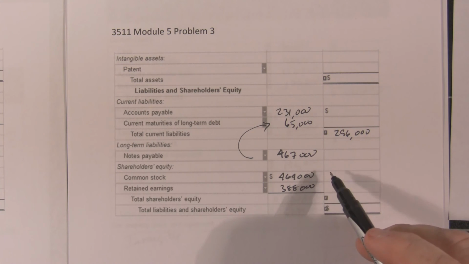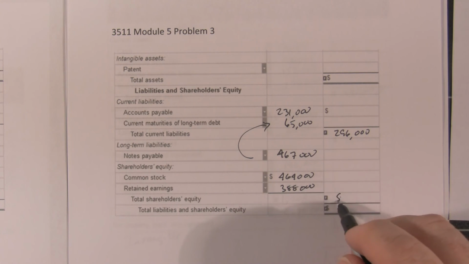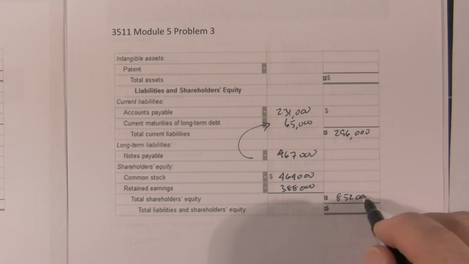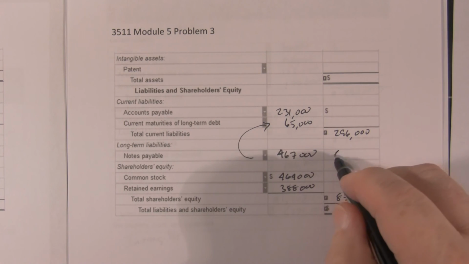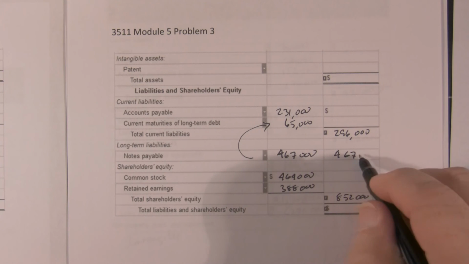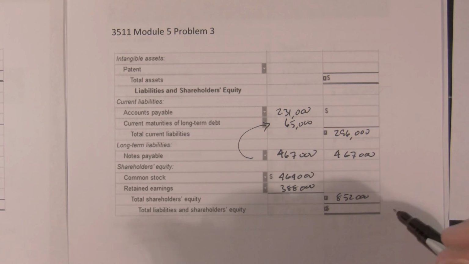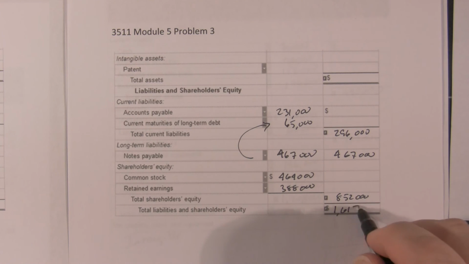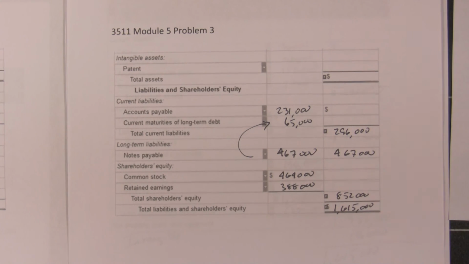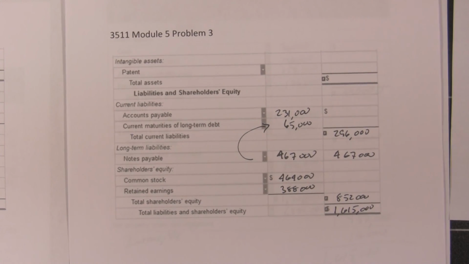So that gives us our total equity of 852. And we have our notes payable of 467 and our total current liabilities, and we add those together, we come up with $1,615,000. It does indeed balance.